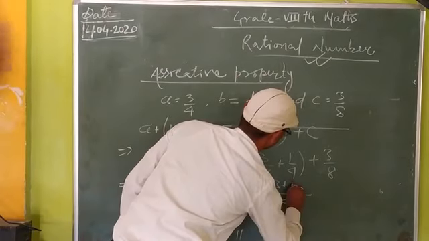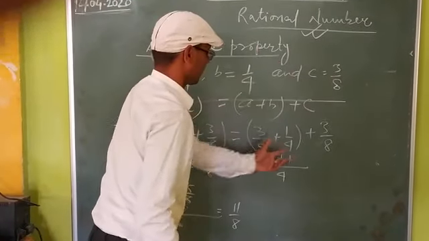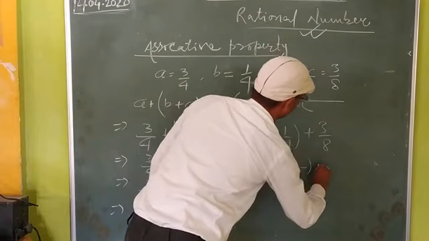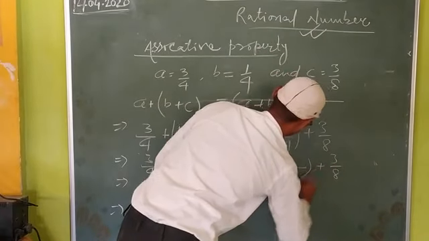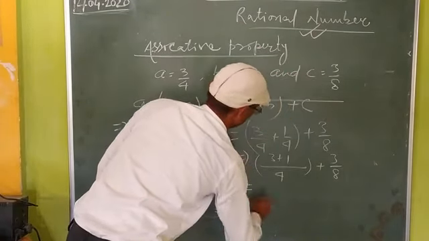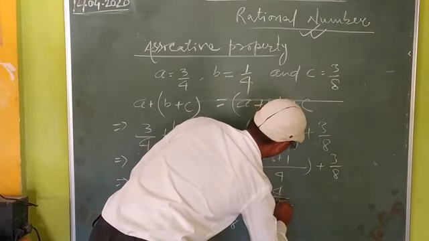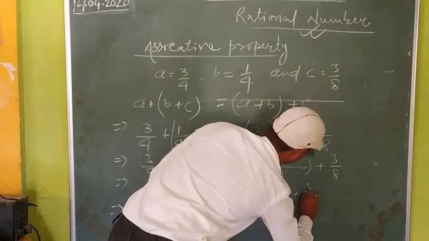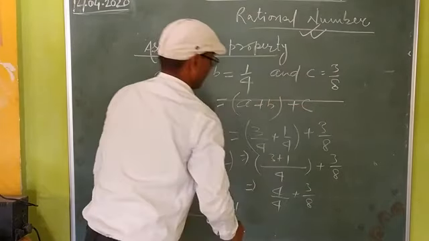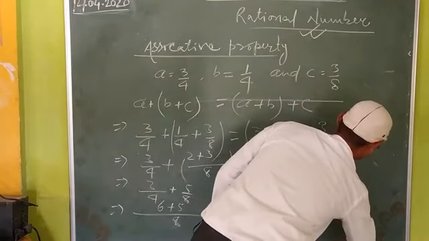On this side also we have to do 3 plus 1. Certainly the LCM is 4. It will be 4/4 plus 3/8. Take LCM.